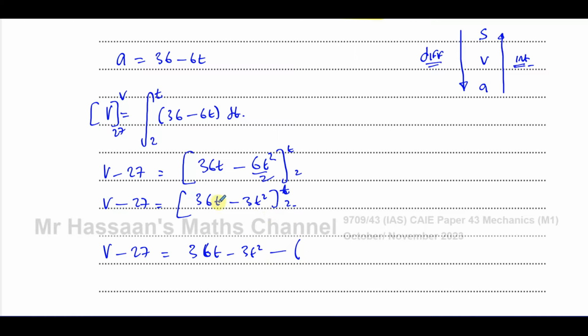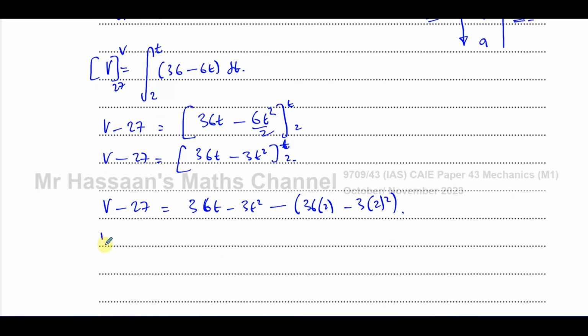But then you've got to put 2 instead of t, so you have 36 times 2 minus 3 times 2 squared. So v minus 27 is 36t minus 3t squared minus, this is going to give me 72 minus 12. That's going to be 3 times 4.